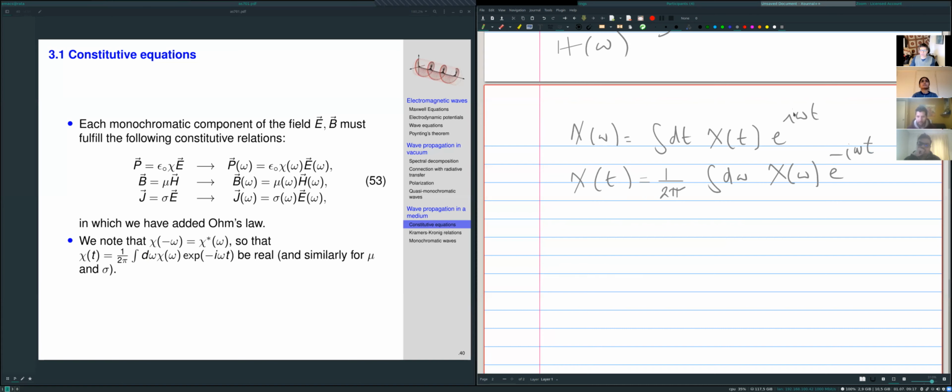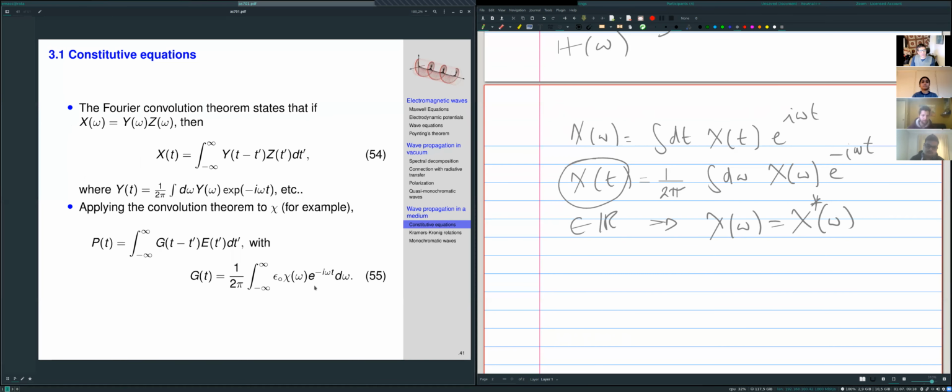So that's one way to write the Fourier pair, and I'm saying that this is real. Okay, therefore the susceptibility, the harmonic susceptibility, must be Hermitian.